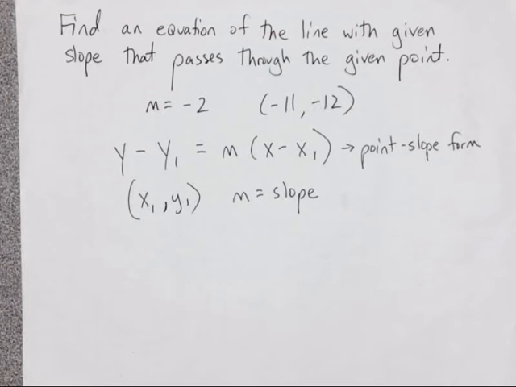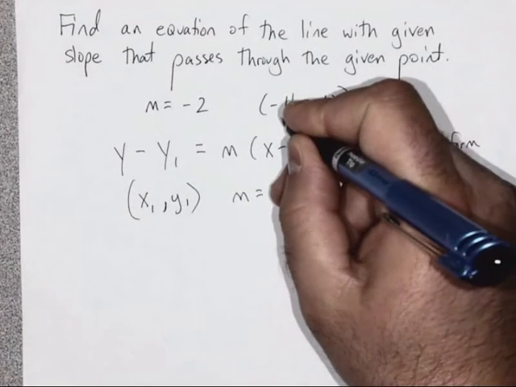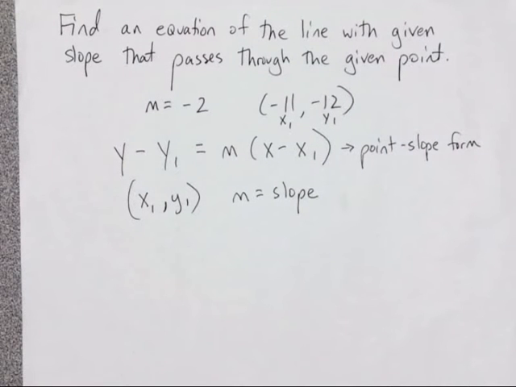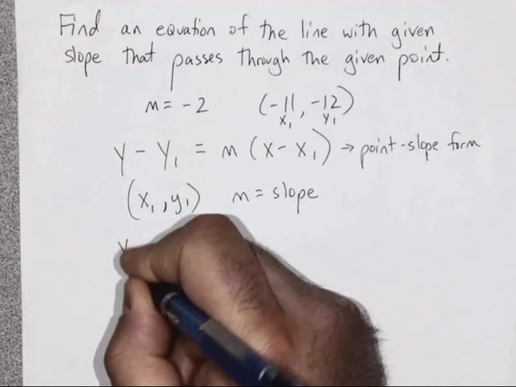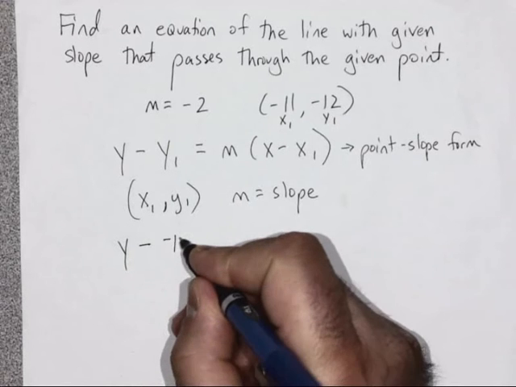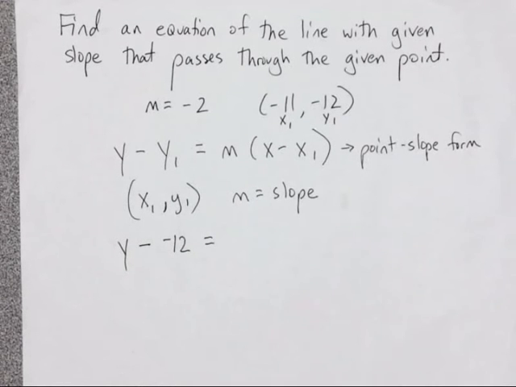So I actually do have a point, and I have the slope. I'm going to label the x-coordinate as x1 and the y-coordinate as y1 just to keep myself organized. So I'm going to substitute y1 into this point slope form.